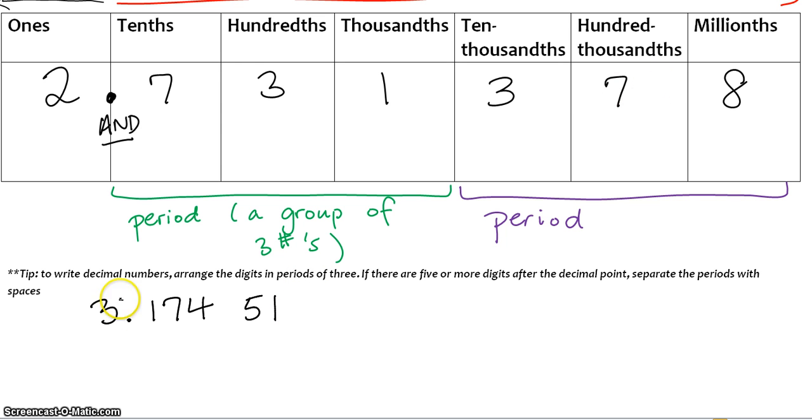Okay, I'll repeat that again. 3 and 174 thousandths, 51 hundred thousandths. This time we don't have a digit in the millionth spot, so the furthest place that the decimal number occupies is the hundred thousandths. So that's why we would say 3 and 174 thousandths, 51 hundred thousandths.